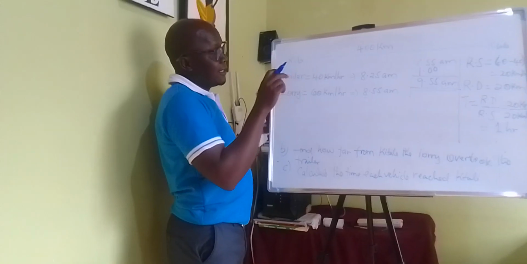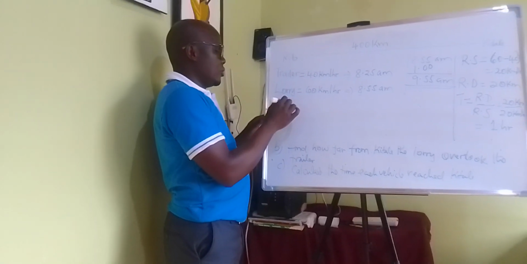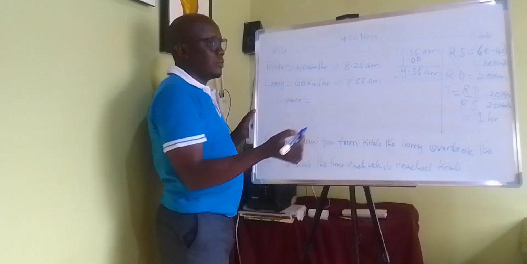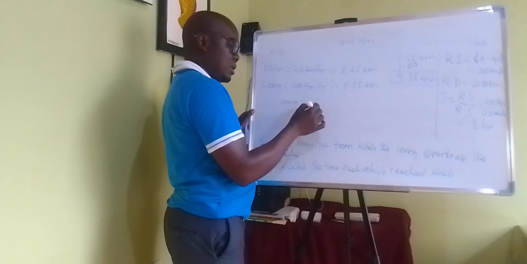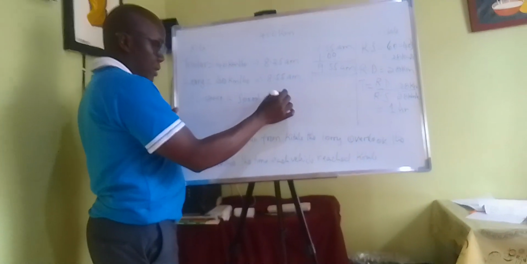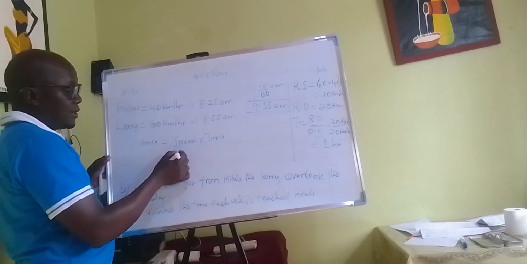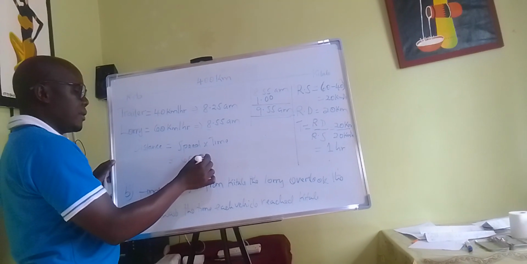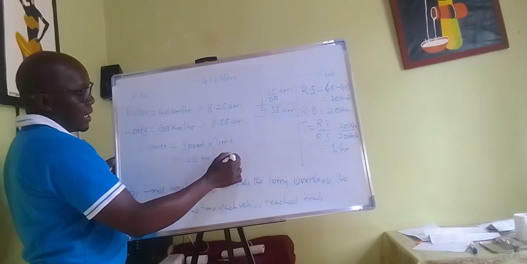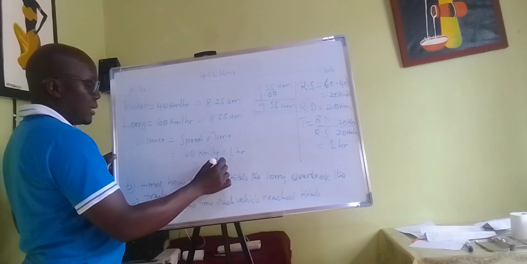But before that, let's get the distance covered by the lorry from Nairobi. We know distance is equal to speed times time. The speed here is the speed of the lorry, which is 60 kilometers per hour, times time, 1 hour. We get 60 kilometers.